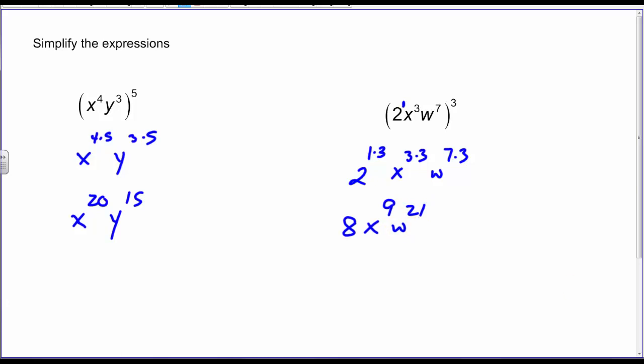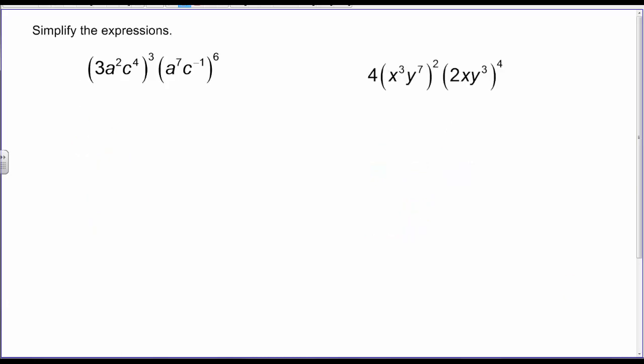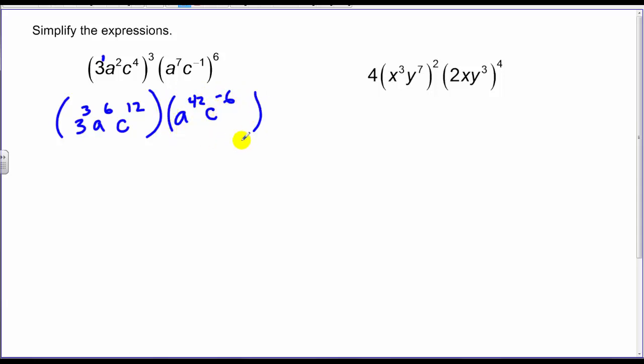Moving forward with our next example. Once again, unwritten exponent on the 3, that's going to be a 1, so this is 3 to the 3rd, a to the 6th, c to the 12th after multiplying. This term is going to be multiplied by a to the 42nd and c to the -6th after multiplying once again. Now you'll notice we have another step.